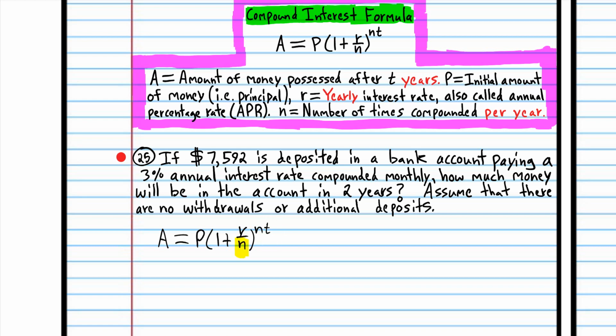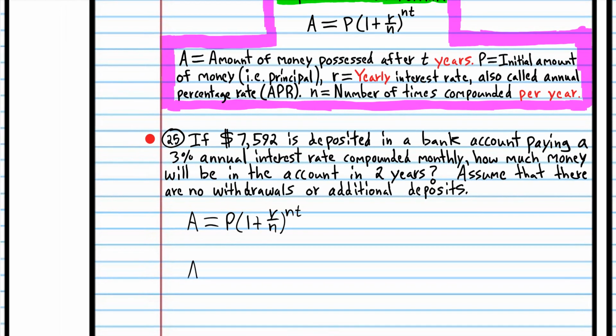So it's very important to understand that n is defined to be the number of times that you compound per year. Is that understood? N is always the number of compounding events per year. It's always per year. That's very important to understand. N is per year. It doesn't matter what type of problem you're doing. If you're using this formula, then n is the number of times you compound per year.